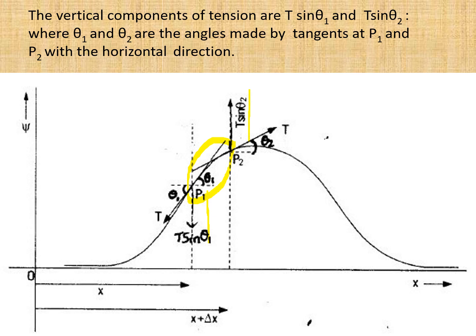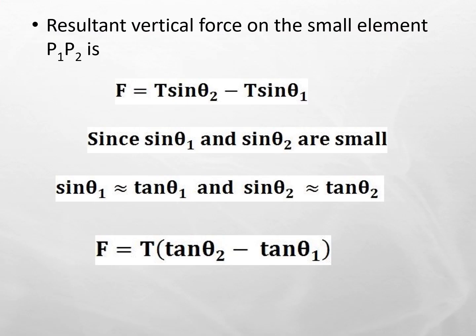So, the resultant vertical force acting on the small element P1 P2 is given by upward force minus downward force. It is usually taken conventionally as upward minus downward. So, it will be T sin theta 2 minus T sin theta 1. The resultant vertical force acting on the small element P1 P2 is F is equal to T sin theta 2 minus T sin theta 1.